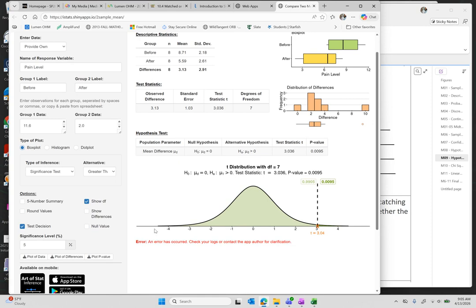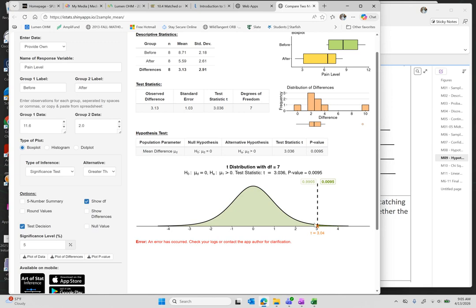In tests and exams, you may have to sketch this t-distribution and label the axis. The variable on this axis is the t-scores for the mean difference between pain levels.